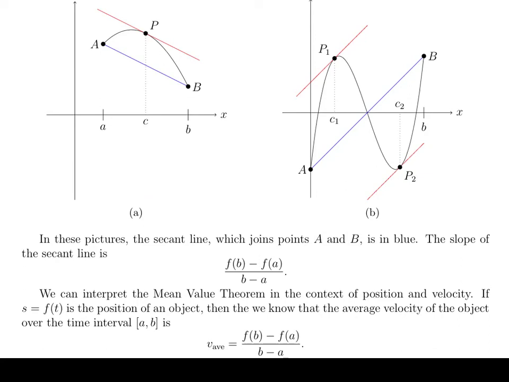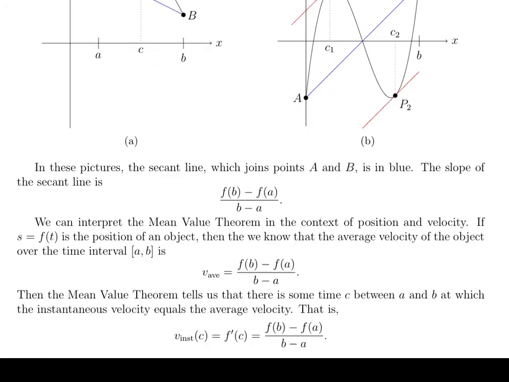Now what the mean value theorem is telling us is that there's some time c in between a and b at which the instantaneous velocity is equal to the average velocity. So that's saying that the instantaneous velocity at some number c, which is equal to f prime of c, is actually equal to the average velocity over the whole time interval.